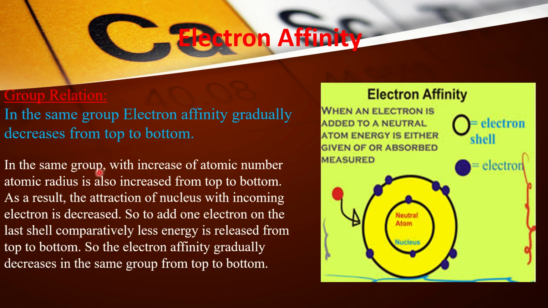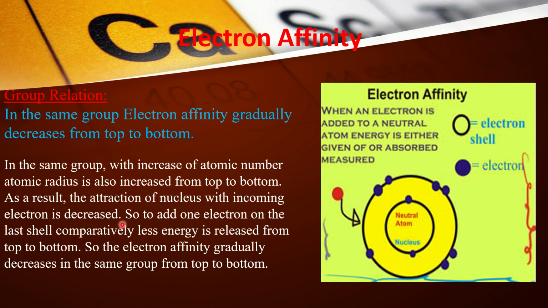Now, why in the same group does electron affinity gradually decrease from top to bottom? In the same group, with increase of atomic number, atomic radius is also increased from top to bottom. As a result, the attraction of the nucleus for the incoming electron is decreased. When radius is more, the incoming electron gets less attraction.